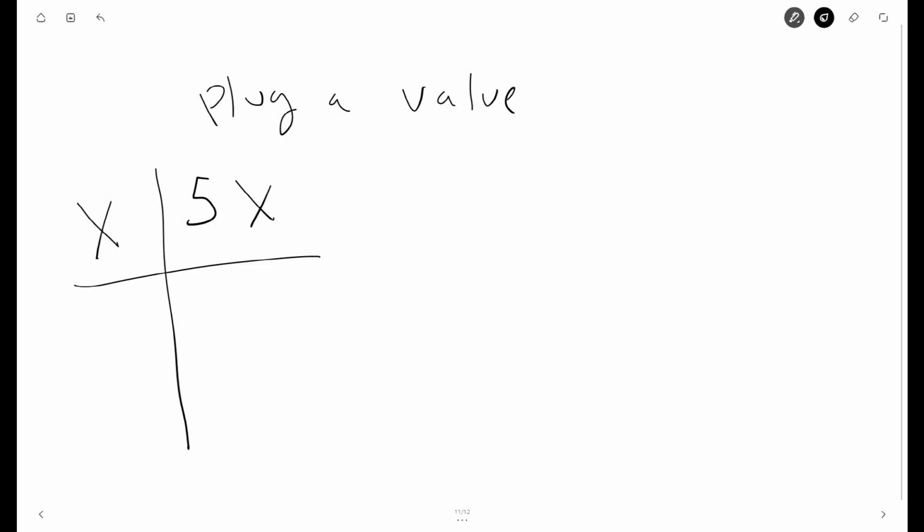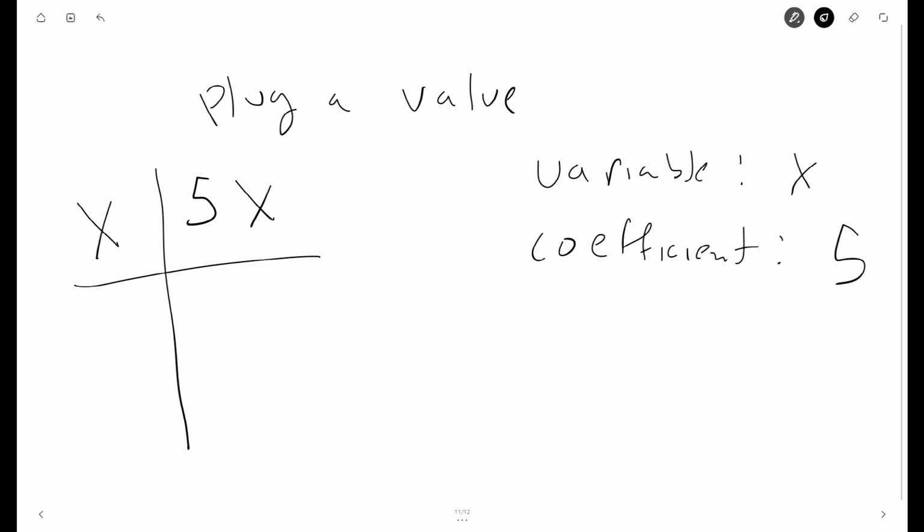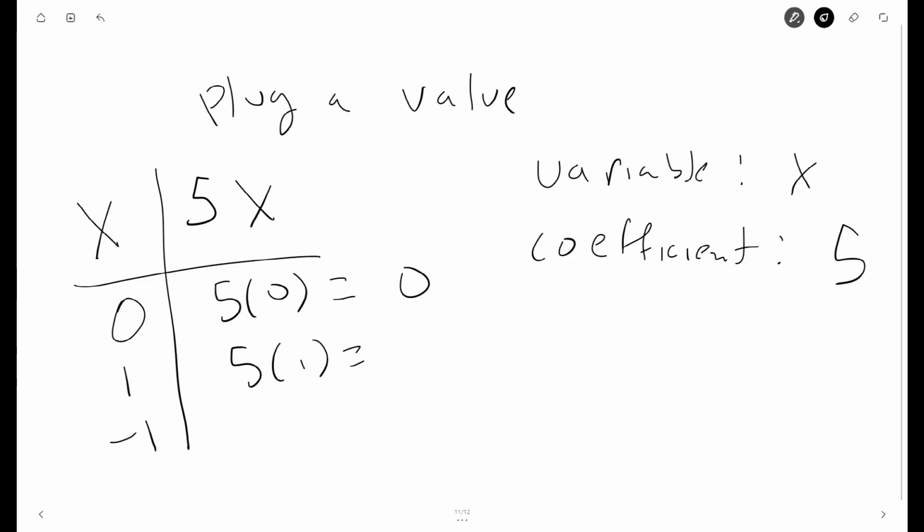So the variable is x, and then the coefficient is 5. So let's plug in 0, 1, and negative 1. So 5 times 0 is 0, 5 times 1 is 5, then 5 times negative 1 is negative 5.